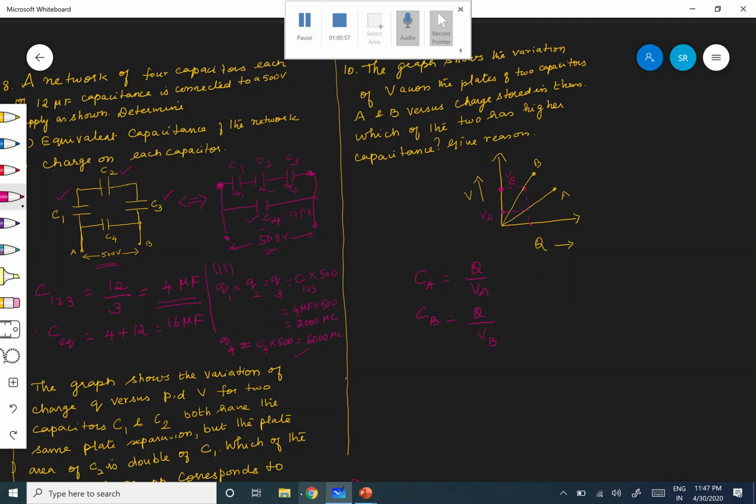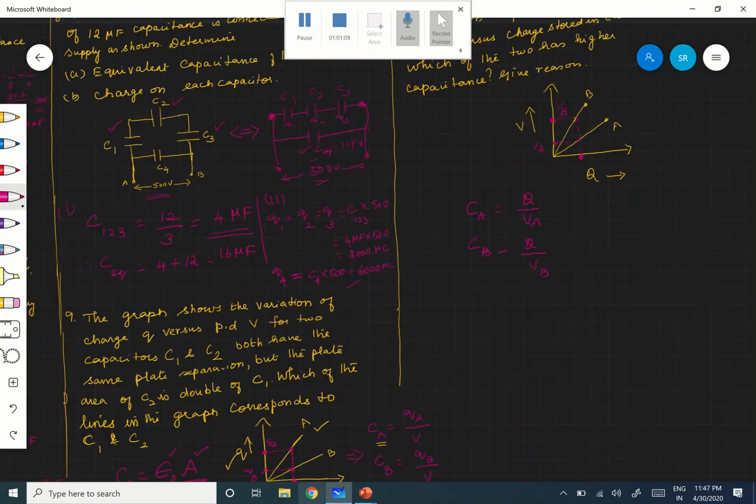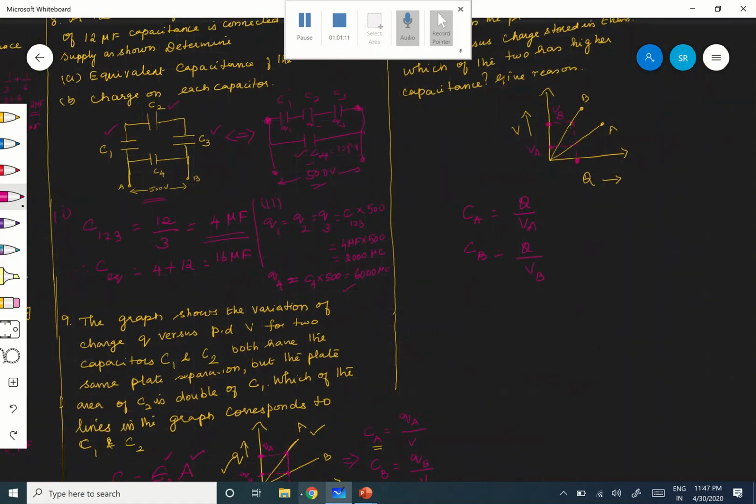Whichever is the x-axis, I drew one vertical line. There it corresponded to the charges QA, QB. But here, along the x-axis, charge Q is there. Same charge, I have taken one charge. If I draw a vertical line, here is VA and here this is VB.